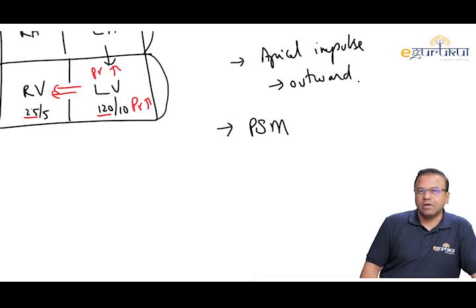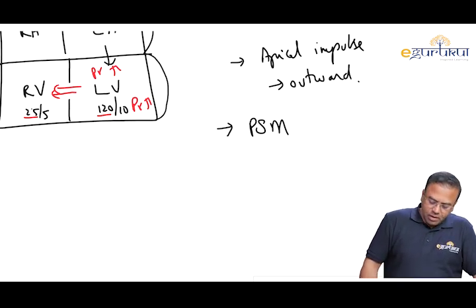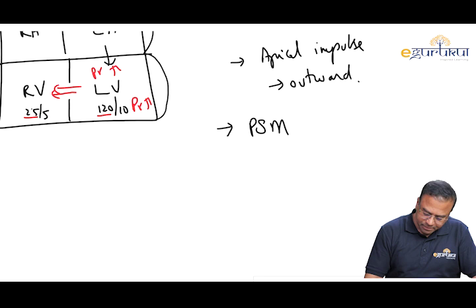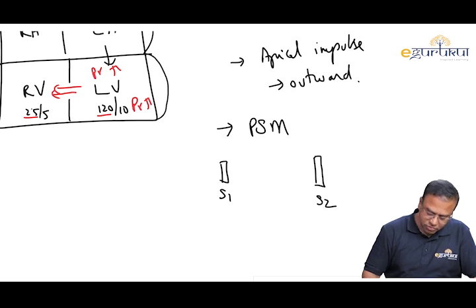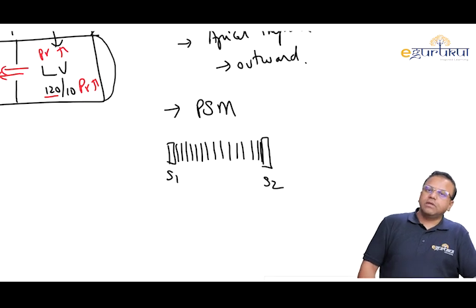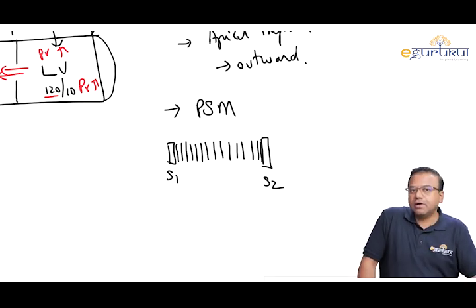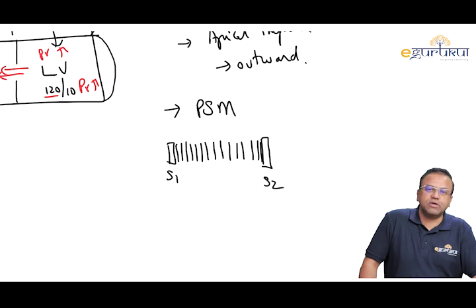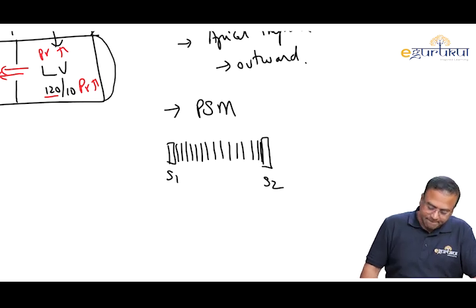It begins with S1 and continues up to S2, because between S1 and S2 is ventricular systole. This murmur generally overshadows the sounds; you can't hear S1 and S2 in the din of the murmur, and that's why it is referred to as a pansystolic murmur.